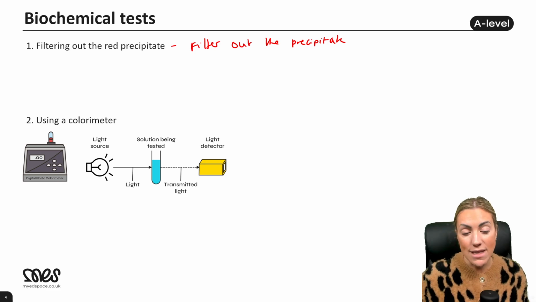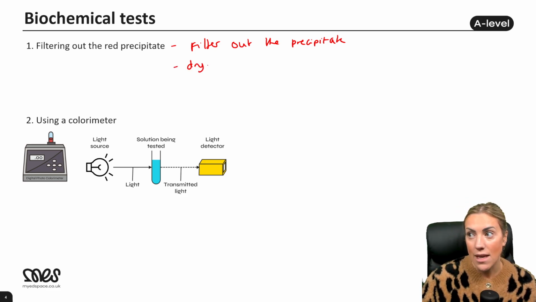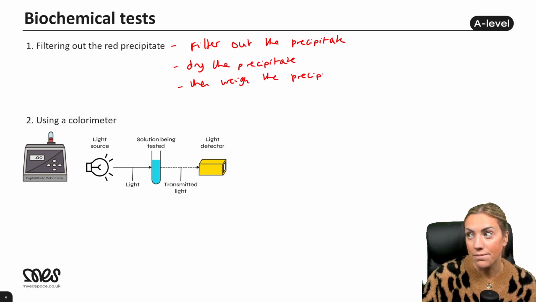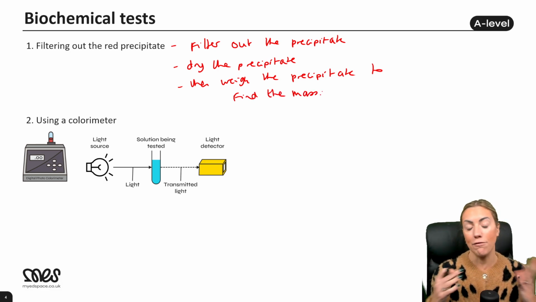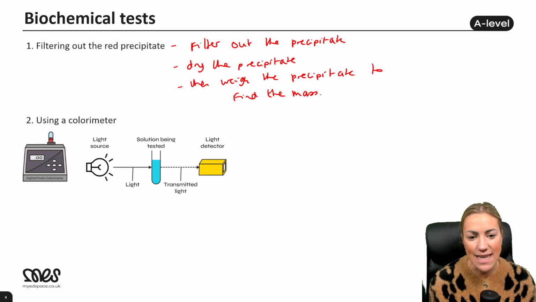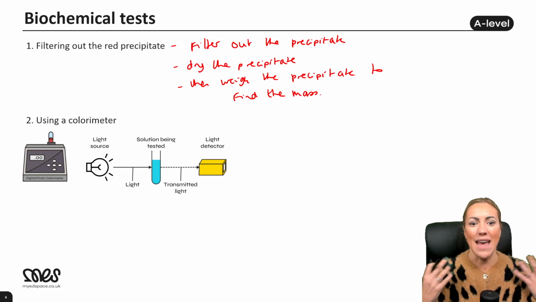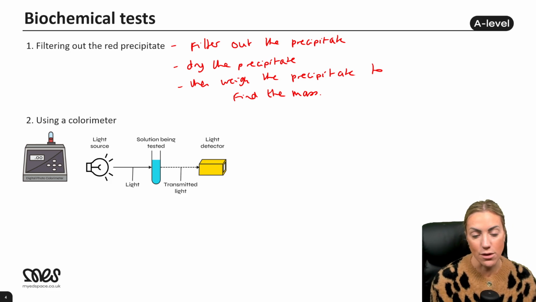There is glucose present, so we get red precipitate. We could filter out the precipitate, then dry it, then weigh it to find the mass. We could do that for a range of different glucose solutions so we can get quantitative data for the mass of precipitate, so we know more about the actual concentrations of these solutions.